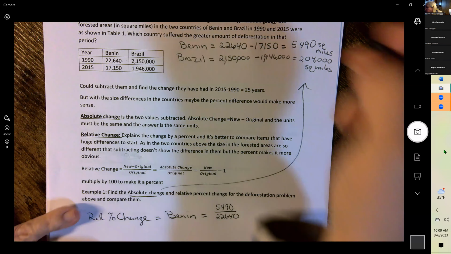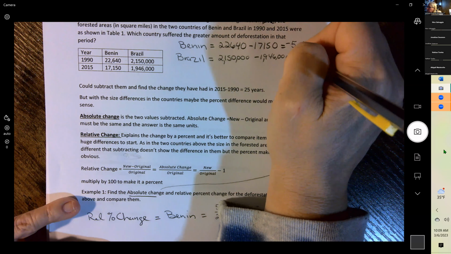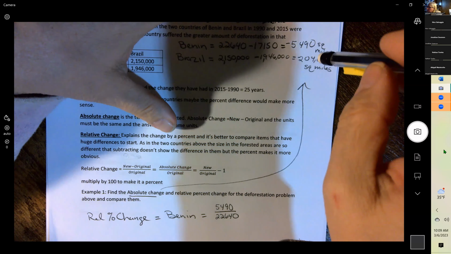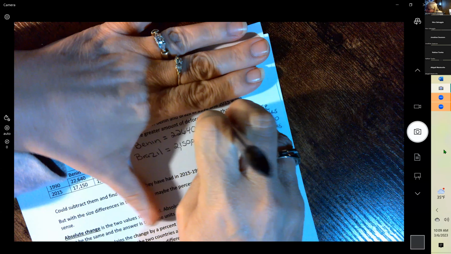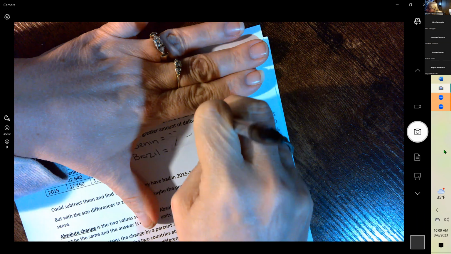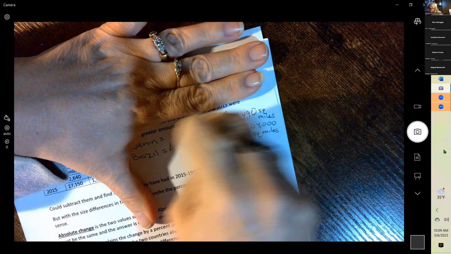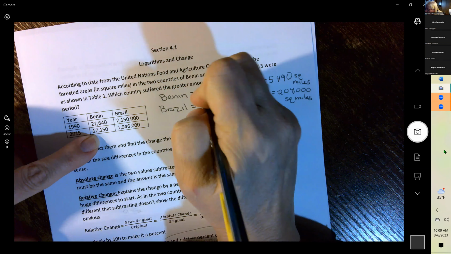These should be negative. I subtracted the wrong way. The values are correct, but you should subtract the other way because you want the new value, which was in 2015.